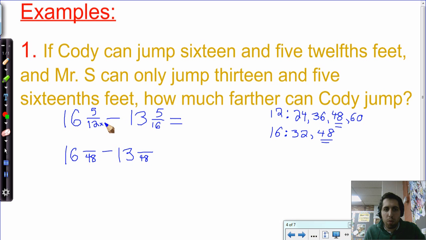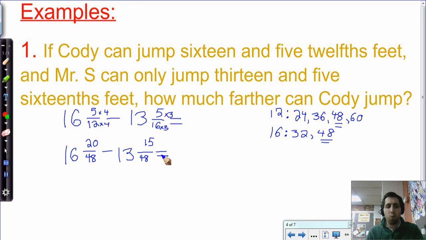Well, we multiply 12 times 4 on the bottom, so to make an equivalent fraction to 5/12, we need to multiply it by 4 on top, and it's 20. And if we multiplied 16, 16 times 3 was 48, so 5 times 3 will make us an equivalent fraction of 15/48. Now we can just do our subtraction like normal.